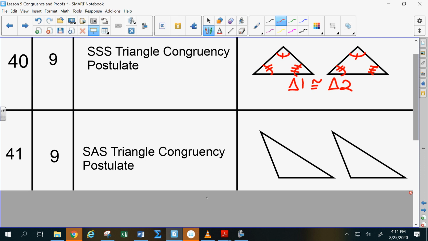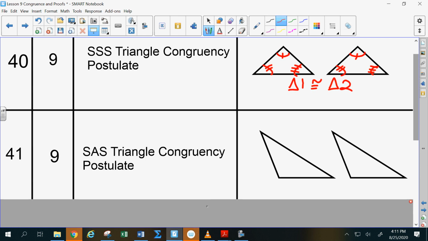Another one that we saw last year was SAS. What that one says is if we know one set of sides is congruent and a second set of sides is congruent, and then this part is important, the angle is between those 2 sides.